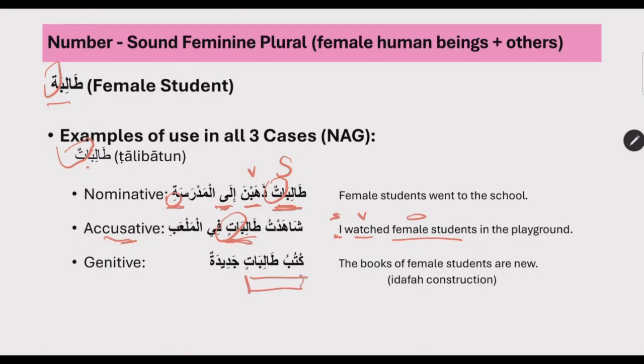We've done this as an idafa construction, and we will do it again just now. So the books of female students, it all comes in there. This is another way of making a word genitive, when you use it as the second word in an idafa construction, because the books of the female students is an idafa.